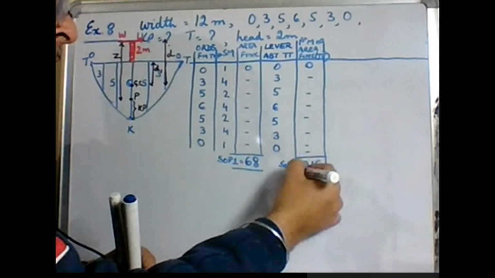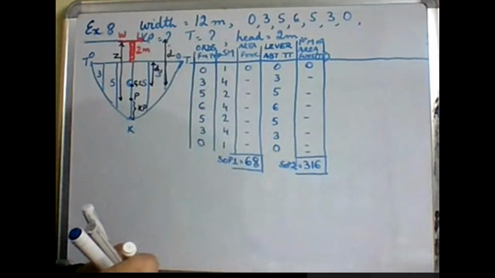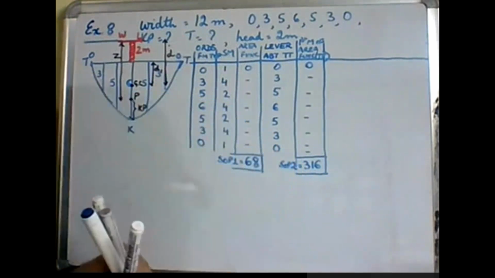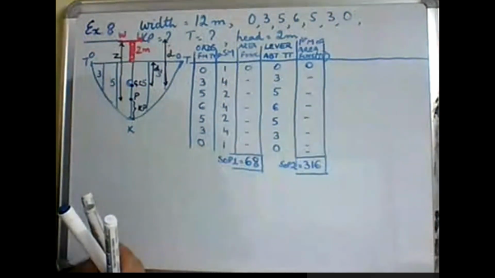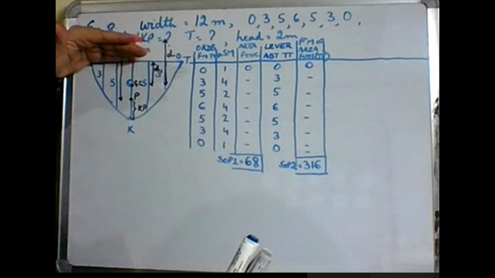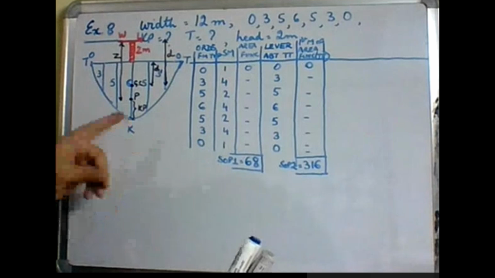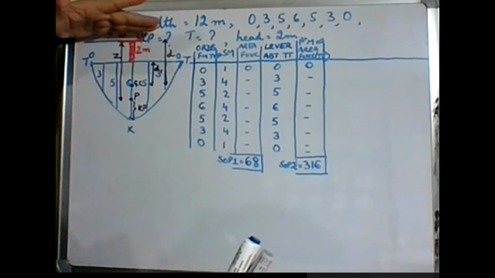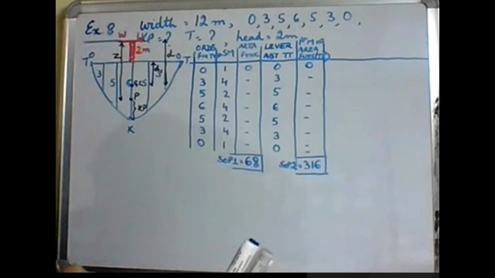Is everyone getting the same? Sir, you are just saying that in horizontal ordinates the lever is from waterline, and in vertical the lever is the ordinate only, correct? I'll repeat once again. In horizontal ordinates I take the lever from waterline. In vertical ordinates I take the lever about tank top. Okay, sir.